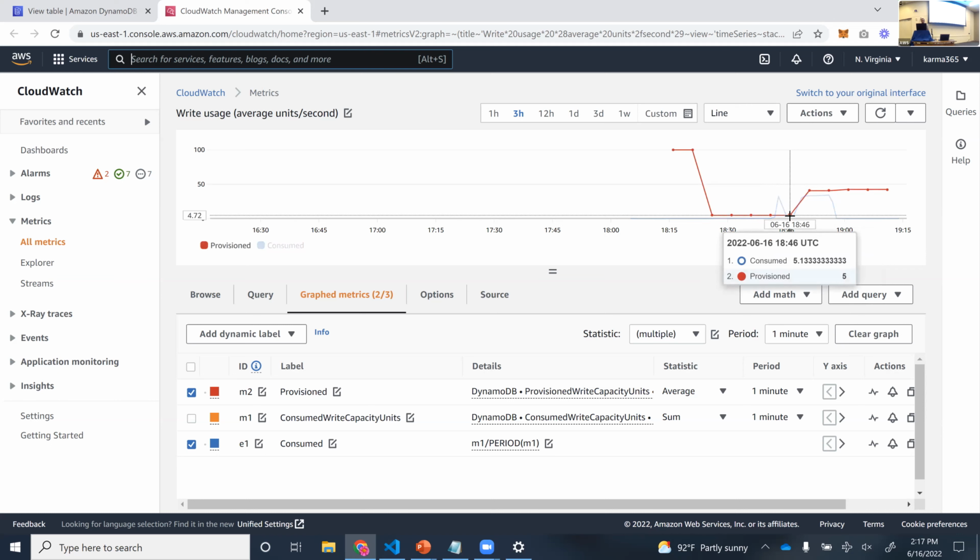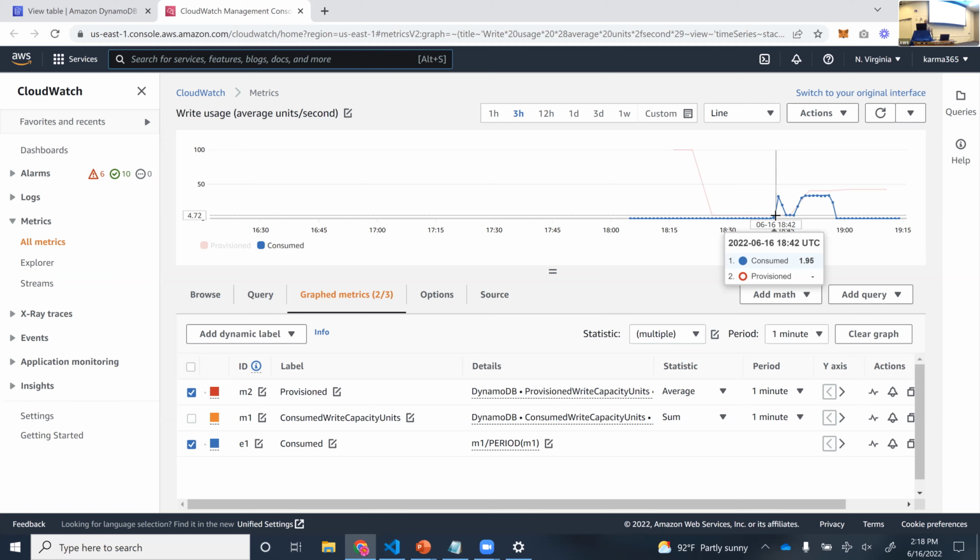That's what I was saying: DynamoDB supports burst capacity for 5 minutes. If you are running an application with a provisioned capacity of, let's say, 100, and for the last 5 minutes you are not using anything, it will accumulate that 5-minute capacity that you have not consumed and give it as a burst.